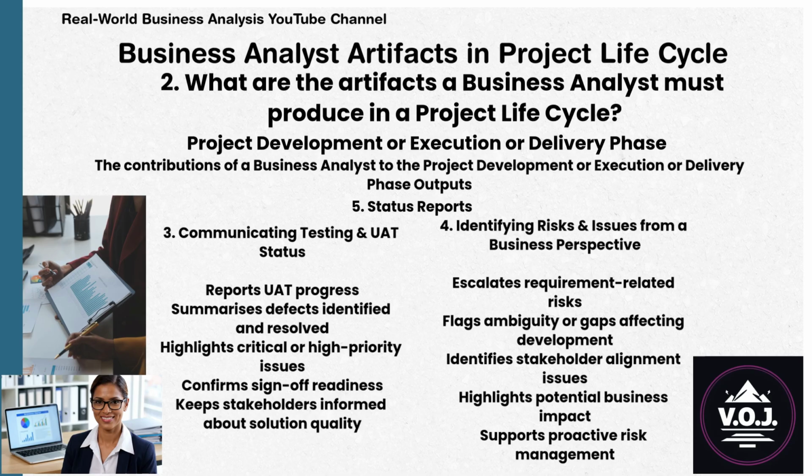Identifying risks and issues from a business perspective. The BA escalates requirement-related risks, flags ambiguity or gaps affecting development, identifies stakeholder alignment issues, highlights potential business impact, and supports proactive risk management.